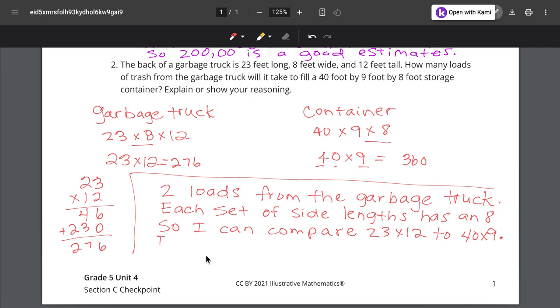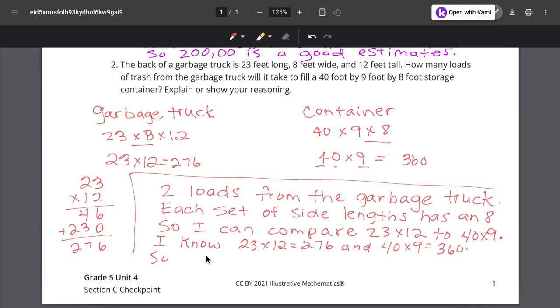All right. Now I'm going to write what those equal. I know 23 times 12 equals 276, and 40 times 9 equals 360.